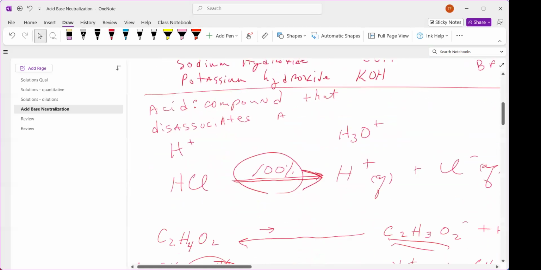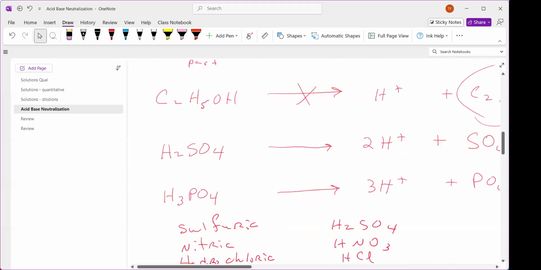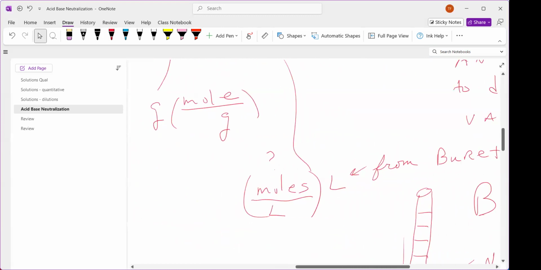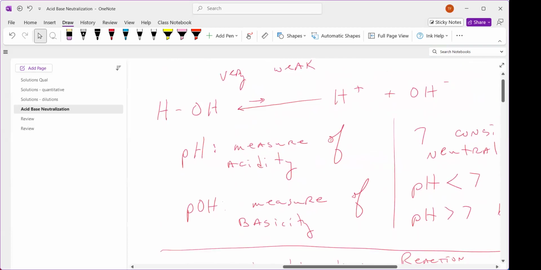Okay. Now I want to show you a very interesting compound. This compound here. You've probably heard of it.